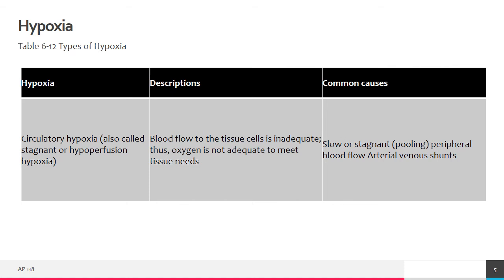Localized arterial or venous obstruction can cause a similar form of tissue hypoxia because the flow of blood into or out of tissue capillaries is impeded. An example of an arterial venous shunt is when there is a hole between the atria and blood moves from the right side of the heart directly to the left side of the heart.